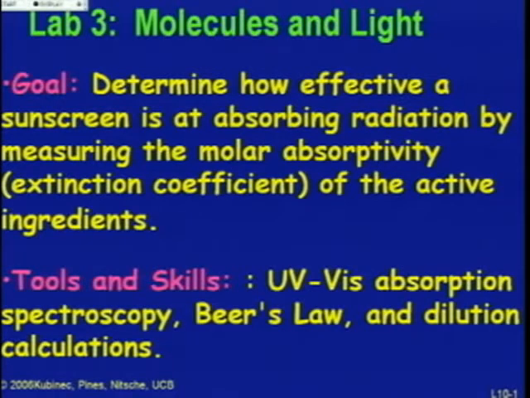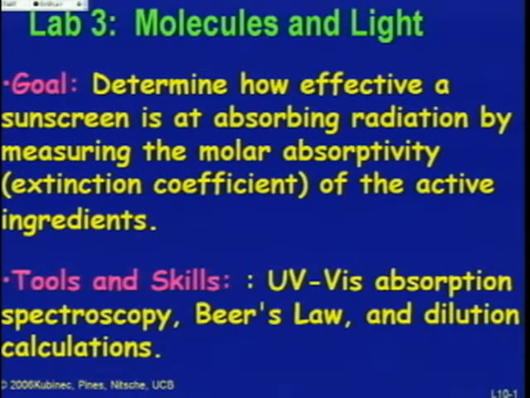In the manual it's called the extinction coefficient. Extinction coefficient is an old expression, it's molar absorptivity, okay? If you look in your textbook, it's molar absorptivity. And so what kind of absorption do you expect there?